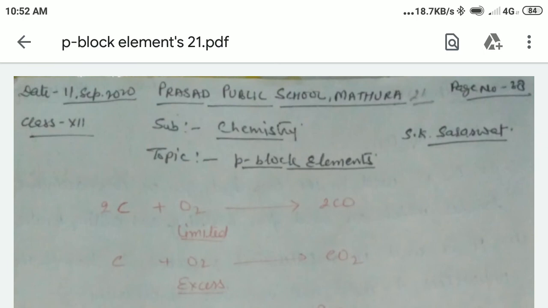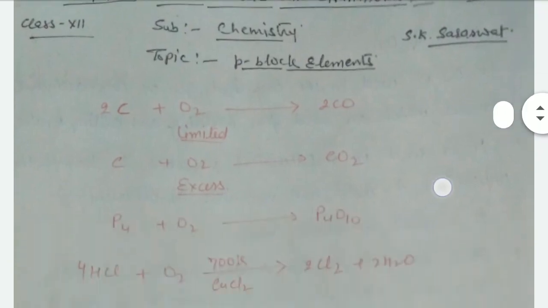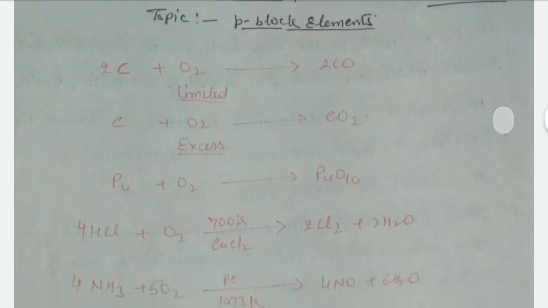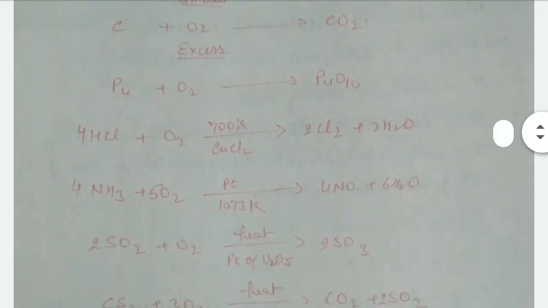There are some other properties of oxygen. When carbon combines with oxygen in limited amount it forms carbon monoxide, and with excess it forms carbon dioxide. HCl also reacts with dioxygen when heated in the presence of cuprous chloride to form Cl2.